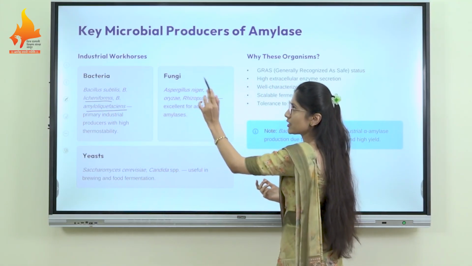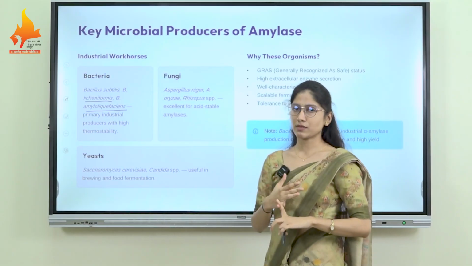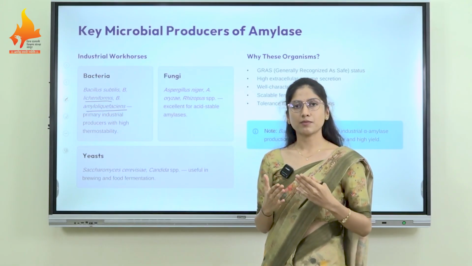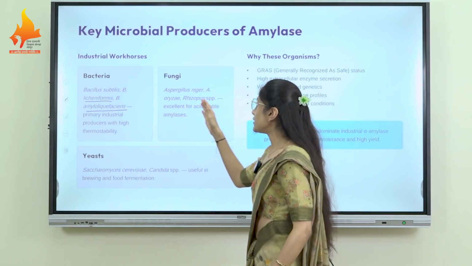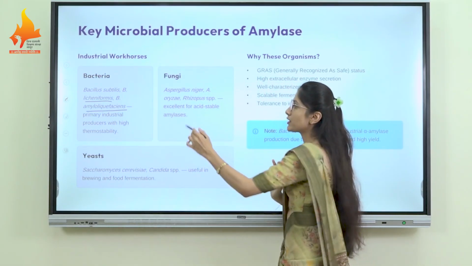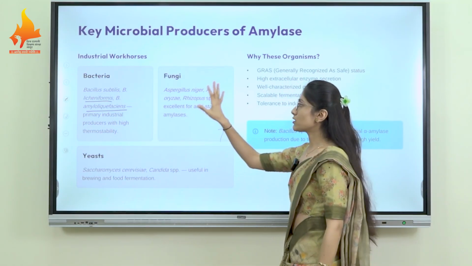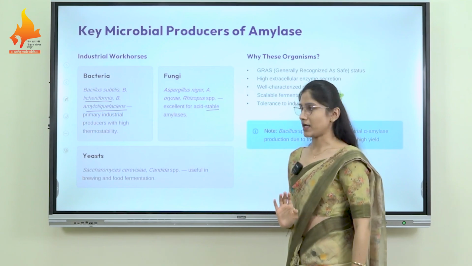Next category is fungi, which includes Aspergillus niger, Aspergillus oryzae, Penicillium notatum, Penicillium chrysogenum, and Rhizopus species, with excellent acid stable amylases. So these are all acid stable amylases.